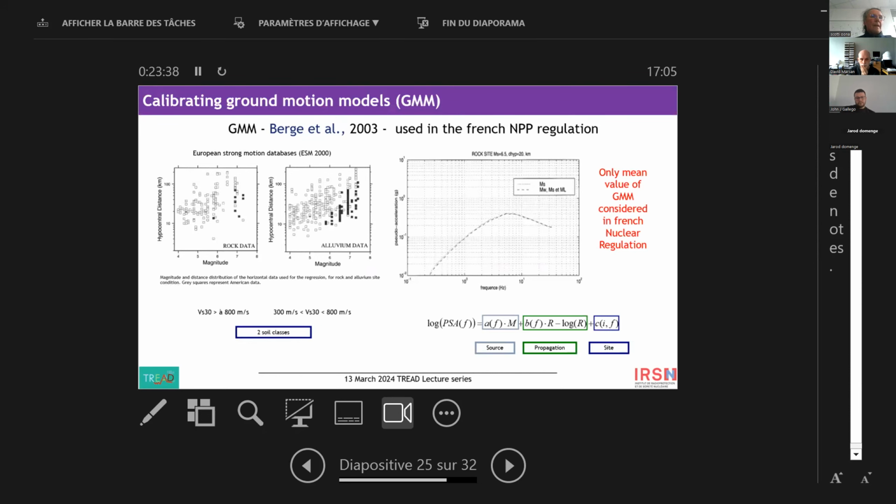Because the uncertainty due to ground motion models is actually quite big, and in probabilistic models that's integrated, whereas here we are ignoring it.